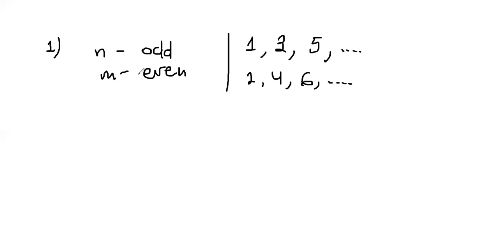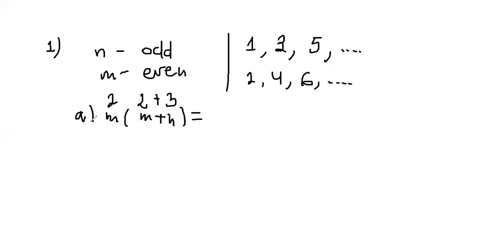So we have got different expressions in this test. For example, in A we have m times m plus n. You can see here that m is even, n is odd. We can take any number, for example, m is 2 because it's even, and n is odd, let's suppose 3.